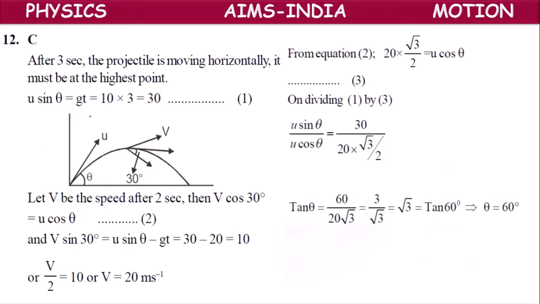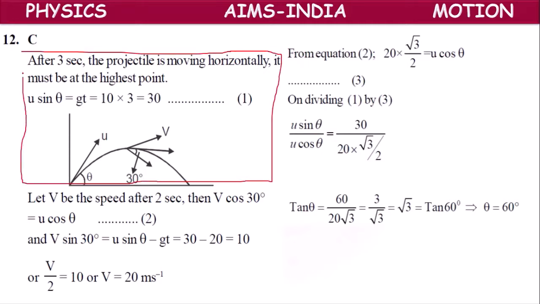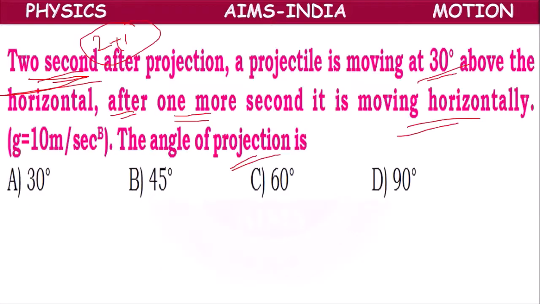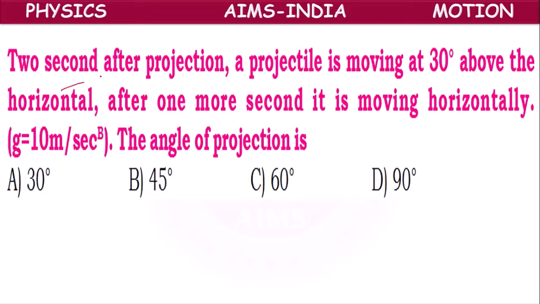So don't get confused, children. Here one part is over. 2 plus 1 seconds, 3 seconds. We were able to find the value of u sin theta, which is 30. Forget about this value for some time. Now think about after 2 seconds. According to the question, after 2 seconds the body is moving at 30 degrees above the horizontal.